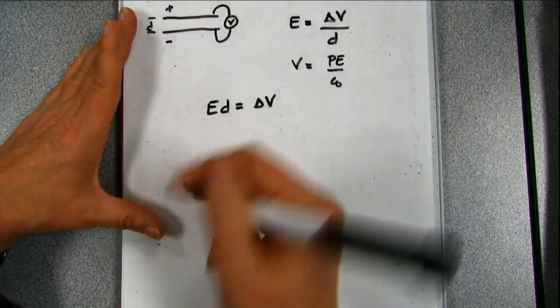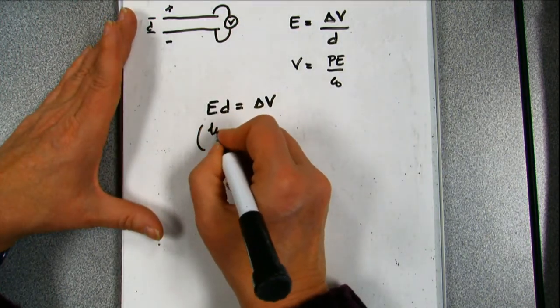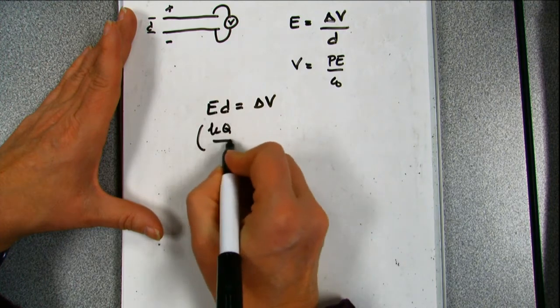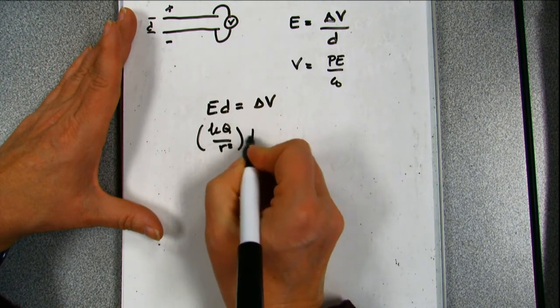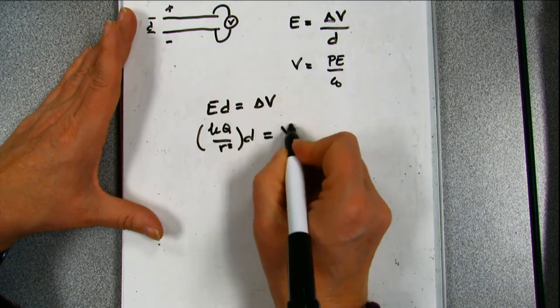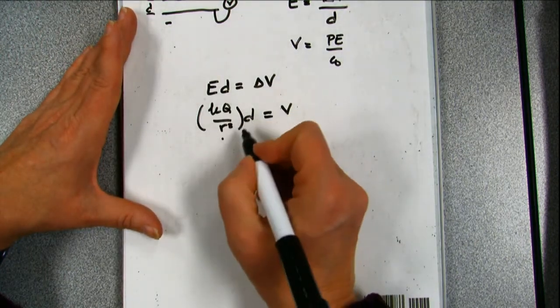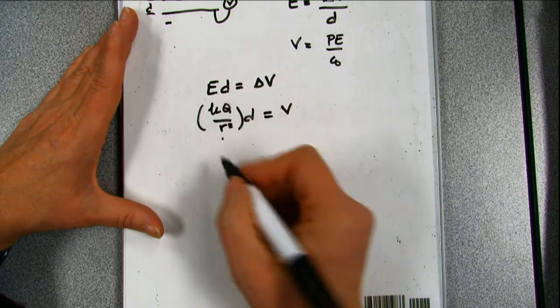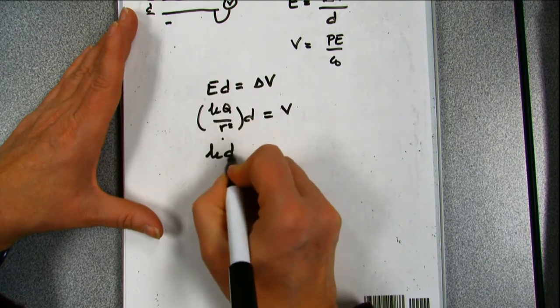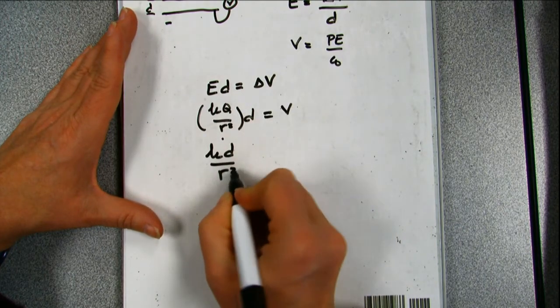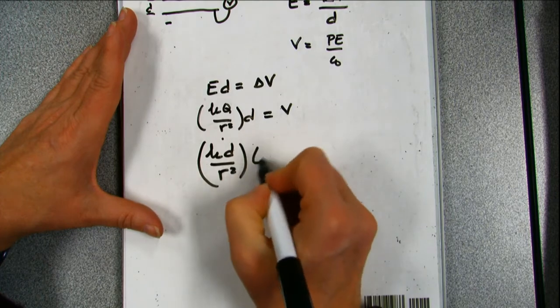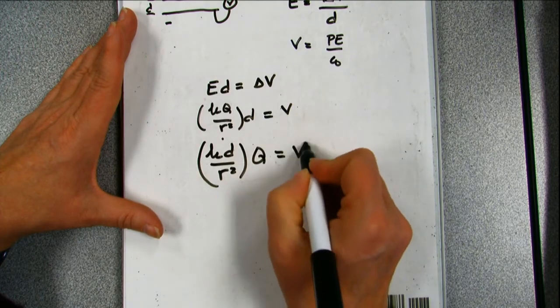And we know the electric field is kQ over r squared, so E d is equal to V. I'm going to rearrange it so that k d over r squared times my charge is equal to the voltage.